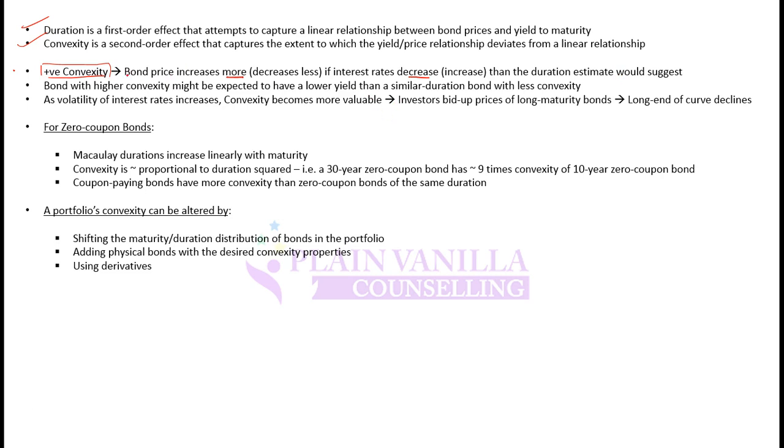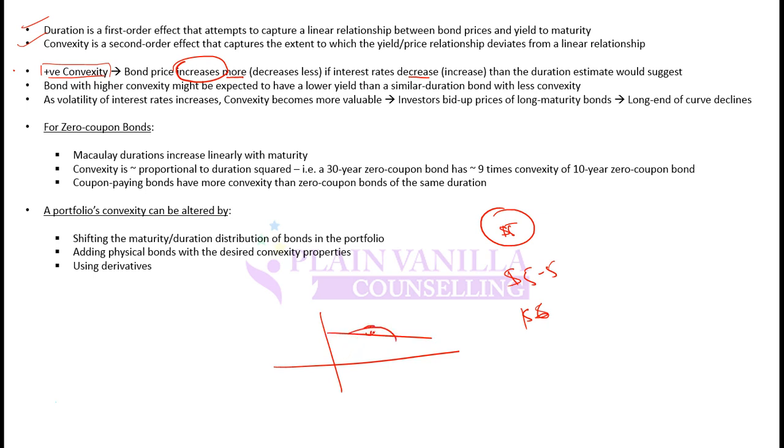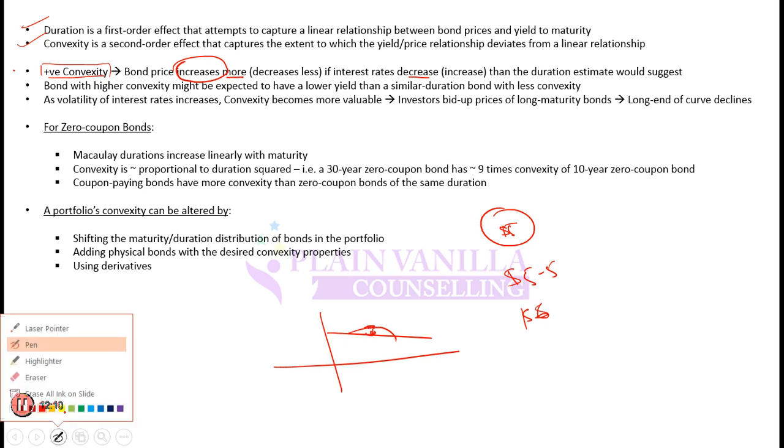So for example, if interest rate is decreasing and the duration measure is telling you that bond price should increase by $5, with positive convexity the actual increase would be, let's say, $5.5 or $6. Why? Because that difference between the curve and the duration linear line would be captured in convexity.